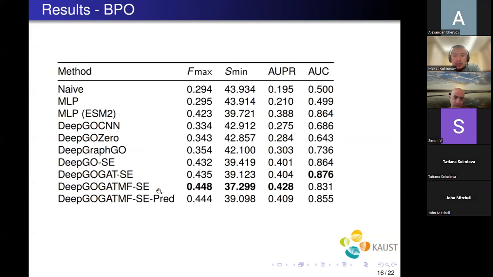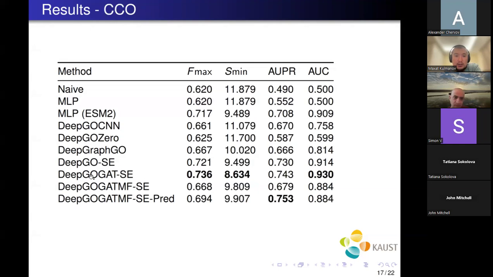And this gave, I think, a little bit of improvement over using simple ESM embeddings, because it had some knowledge of molecular functions already learned. So this was the best model in the BP evaluation in our baseline comparison.